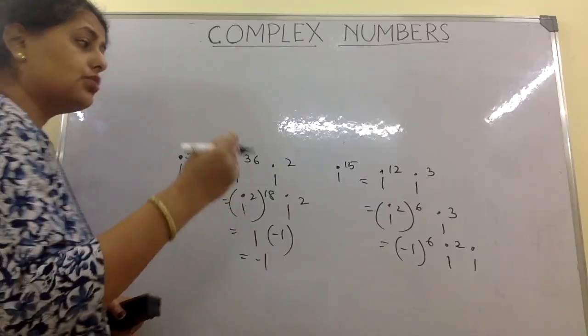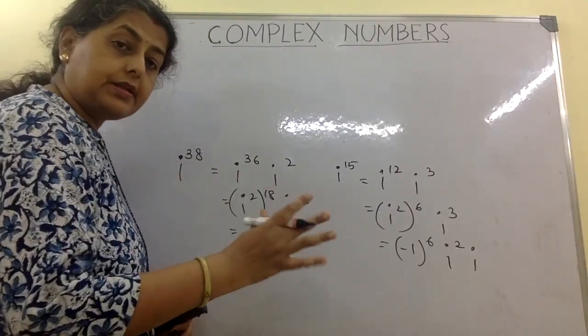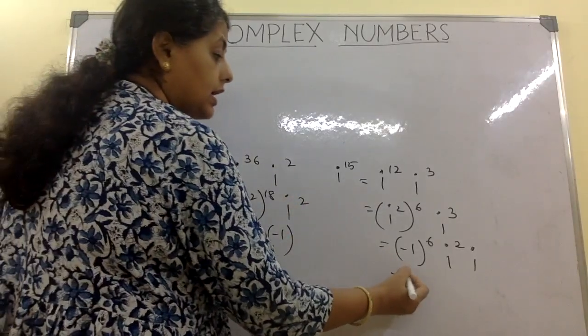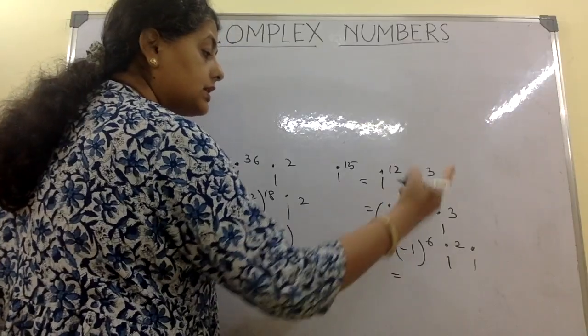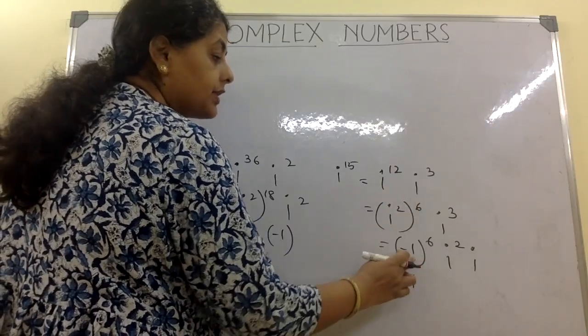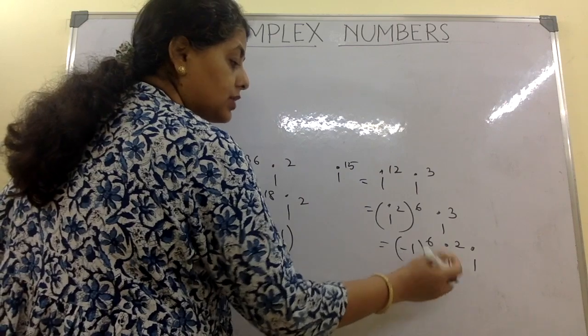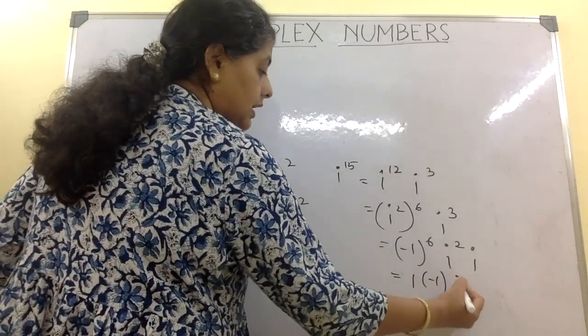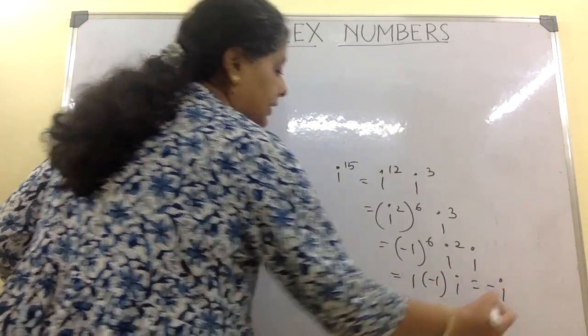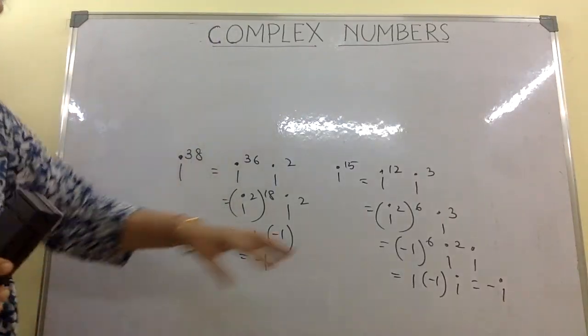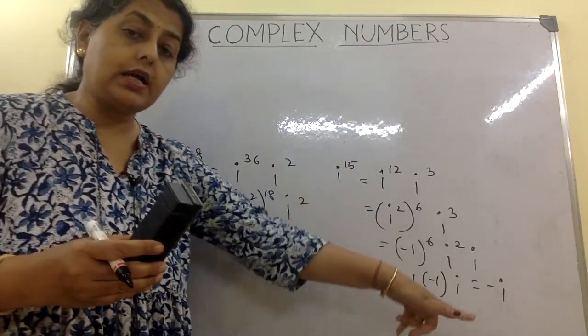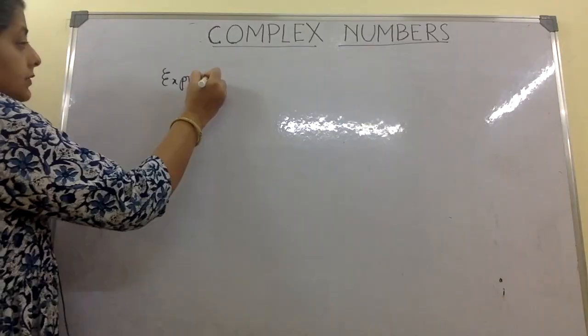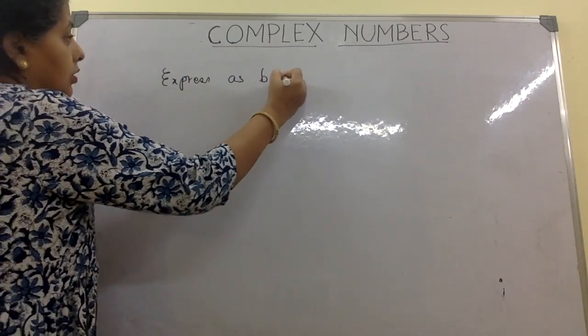So there's no fixed rule, I'm just splitting it as per my convenience. Then minus 1 to the power 6 is 1 because it's an even number, and this is a minus 1, and this is an i. So minus i.